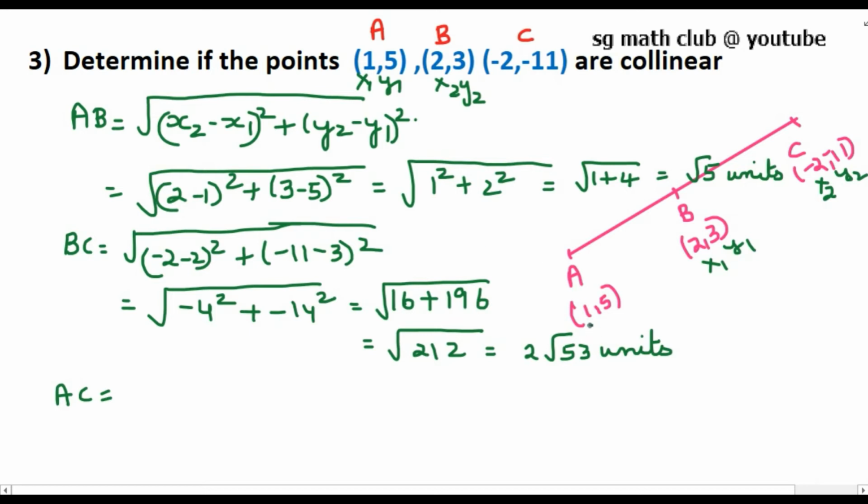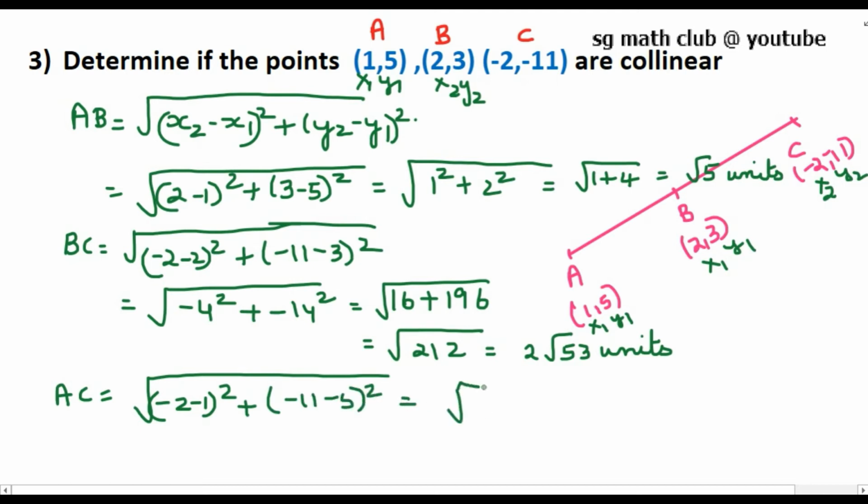In that case, we will take x1, y1 as A and x2, y2 as C. So when we apply the distance formula, I have minus 2 minus 1 the whole square plus minus 11 minus 5 the whole square, which is equal to minus 3 the whole square plus minus 16 the whole square.